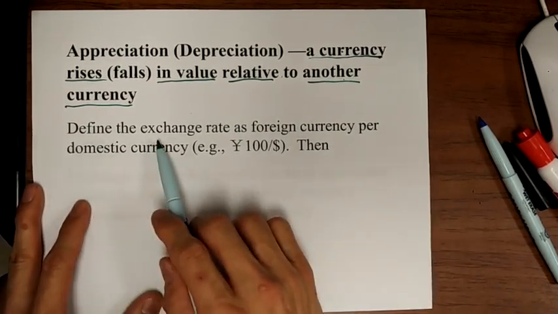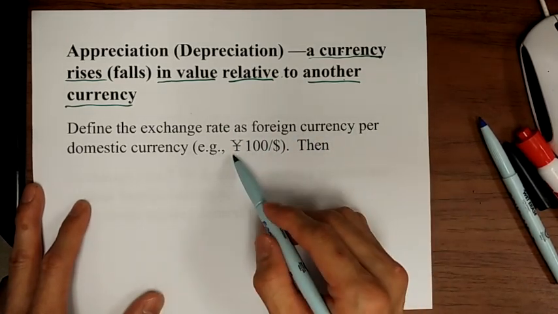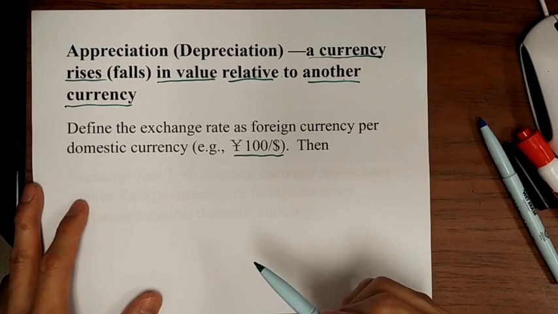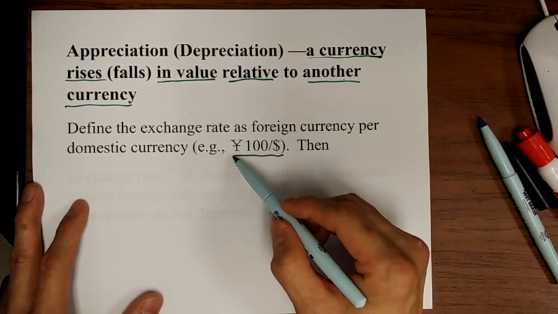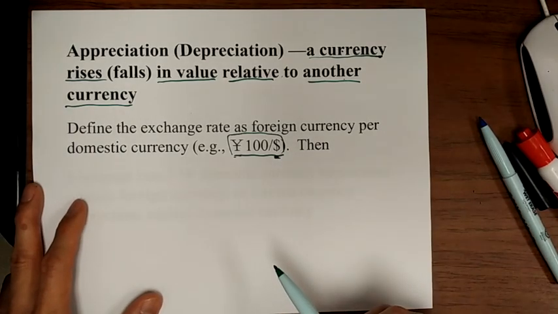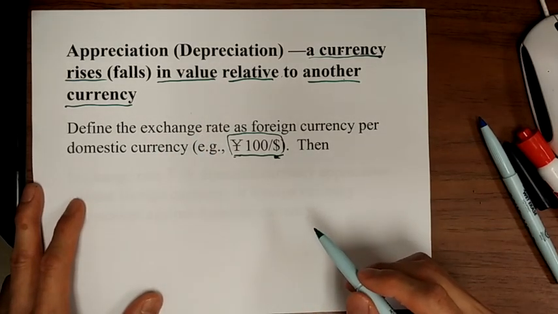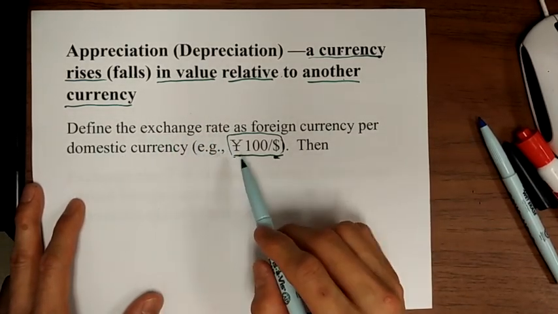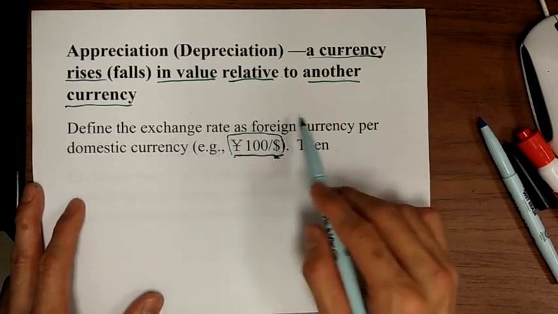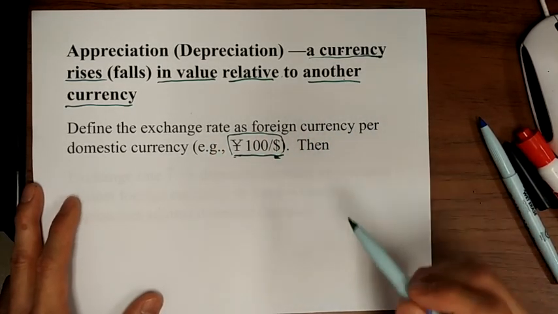If we define the exchange rate as foreign currency per domestic currency, say for example, this is the exchange rate of Japanese yen against dollar. We define exchange rate this way. Can we define exchange rate as domestic currency per foreign currency? The answer is yes.